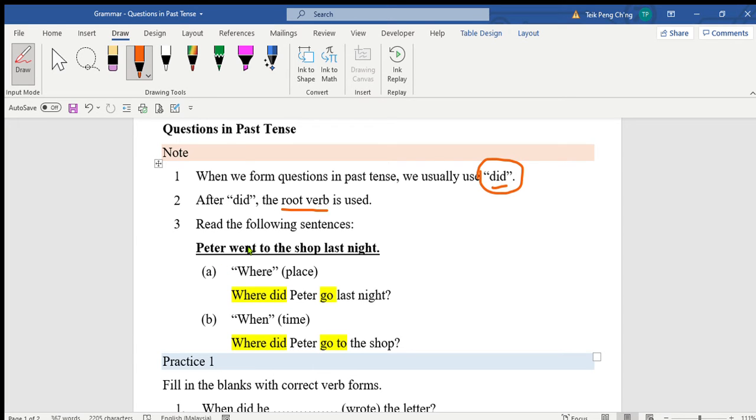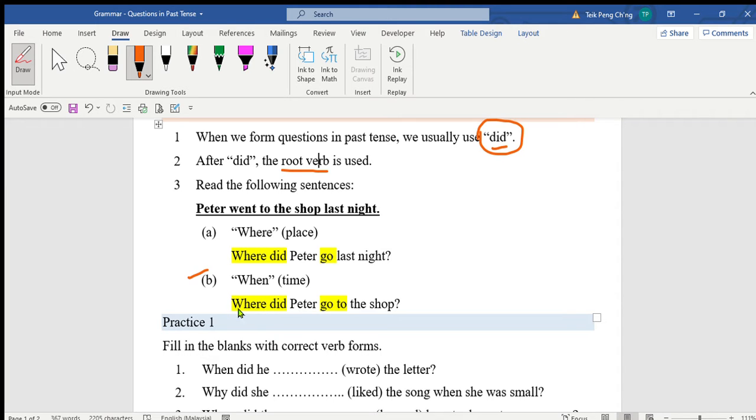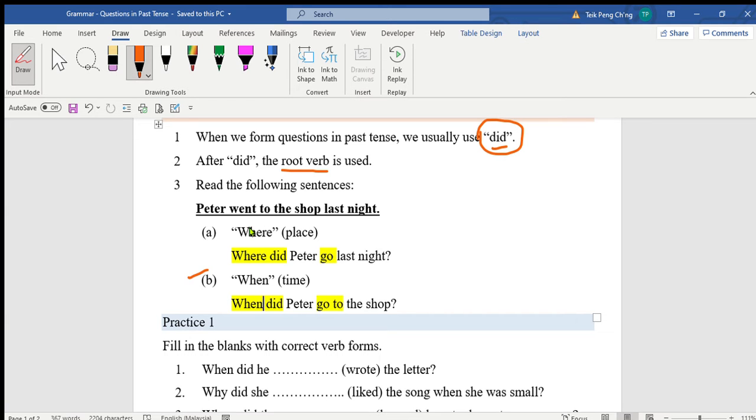Okay, let's say we want to form another question with when. So here is the answer. Where did Peter go to the shop? Oh, hold on, it should be went to. Sorry about that. When did Peter go to the shop? Again, in the statement, it is went to.